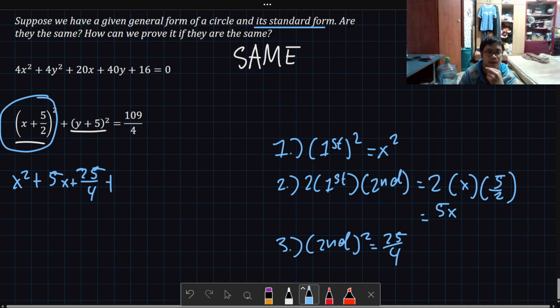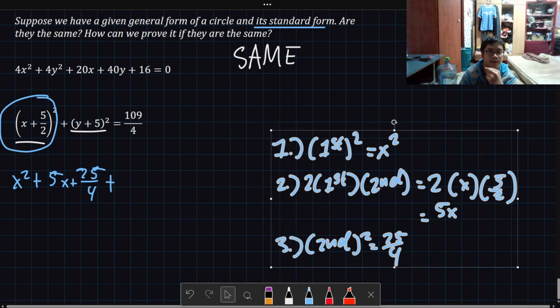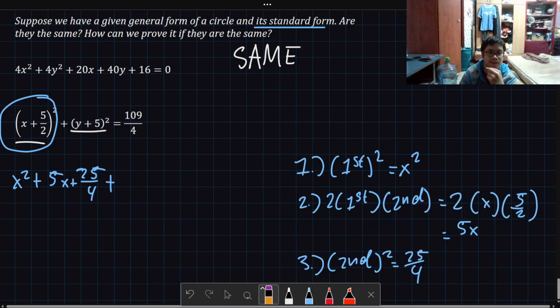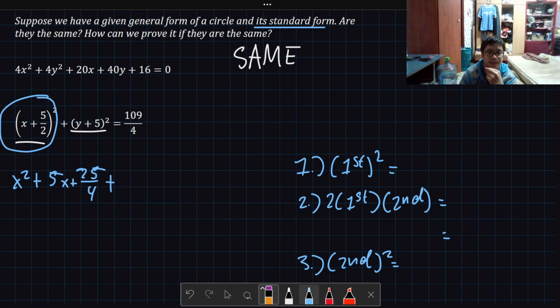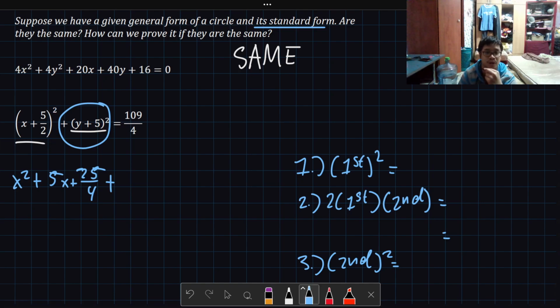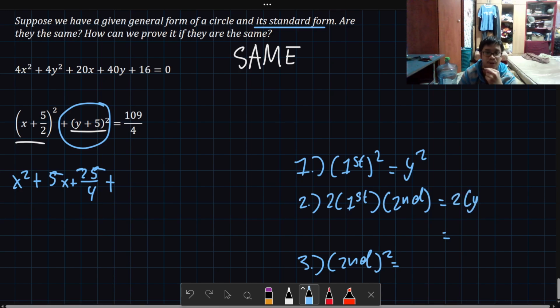Now we will do the same thing for the y. Square the first term: y squared gives you y². Then 2 times the first term, y, times the second term, 5: 2y times 5 gives you 10y.